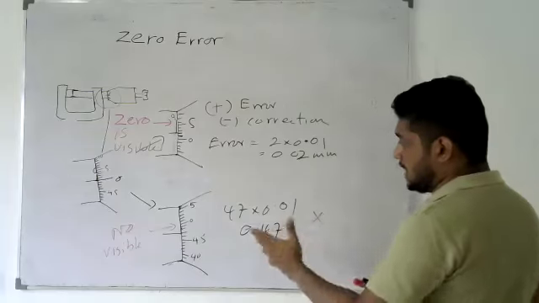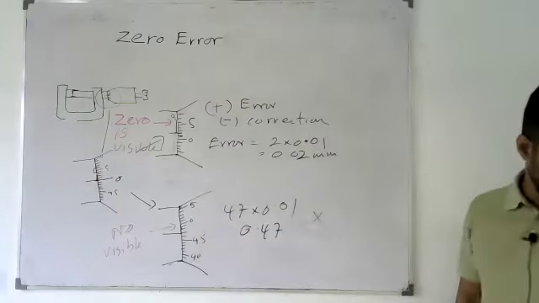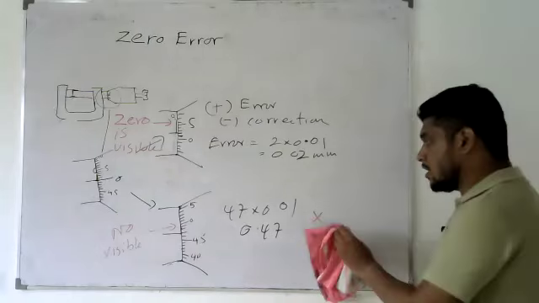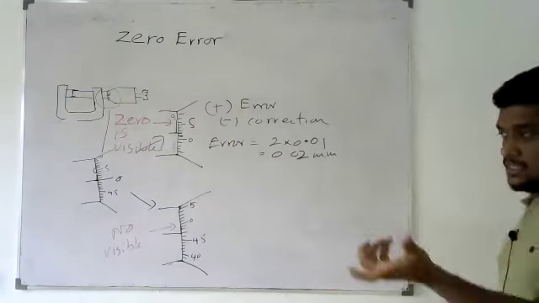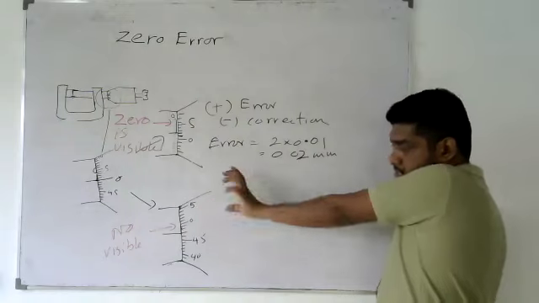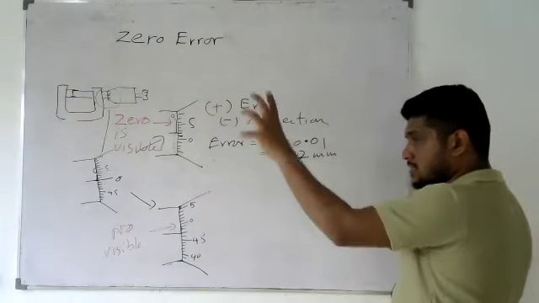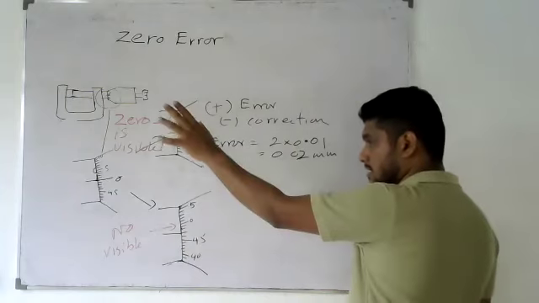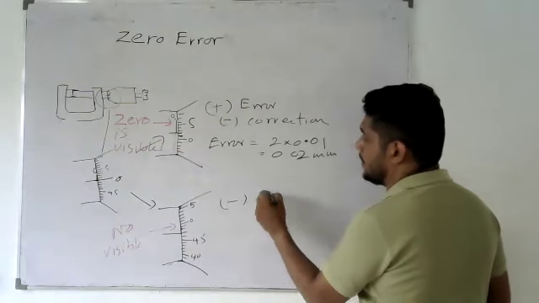This is because although this segment is 47, it does not mean that 47 divisions have rotated, because this has just moved upward by just 3. So this is similar to the zero error of the vernier caliper. So it's a negative error.